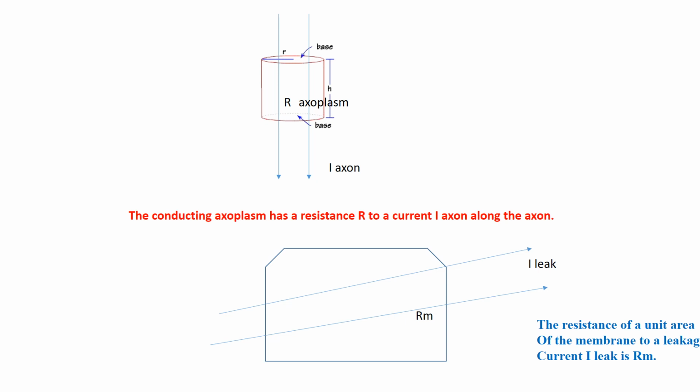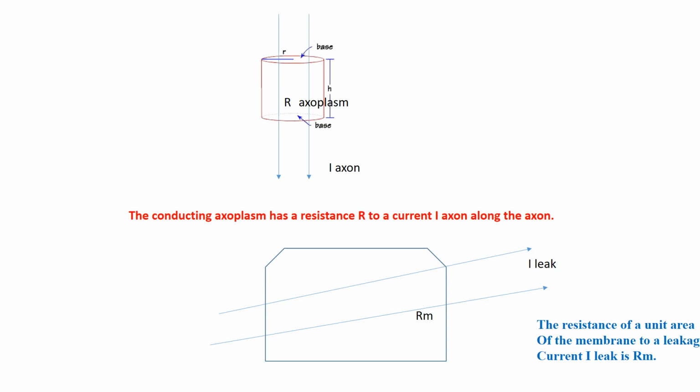Now, as we mentioned before, this cable is coated with a dielectric insulation in the form of a flat, thin cylindrical membrane that surrounds the axon.